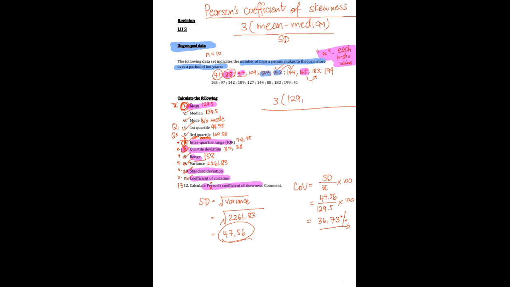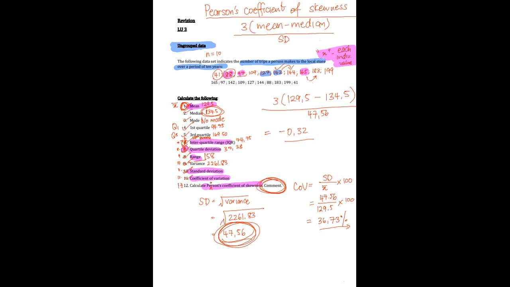Your median in question 2, the 134.5. And your standard deviation, which you did at the bottom here, is 47.56. So this gives you an answer of minus 0.32. And they do ask you to comment for this question.